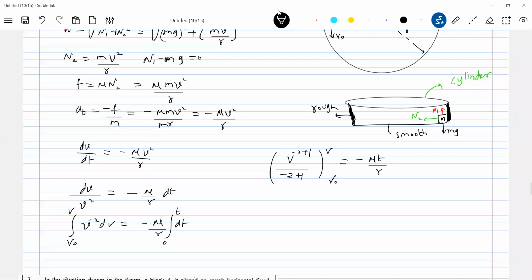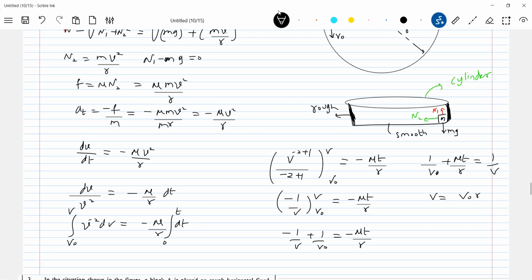So this should be minus 1 by v. Solving this, it should be 1 by v naught plus mu t by r equal to 1 by v. So v equal to v naught r over, okay, look at this, this is the expression for speed.